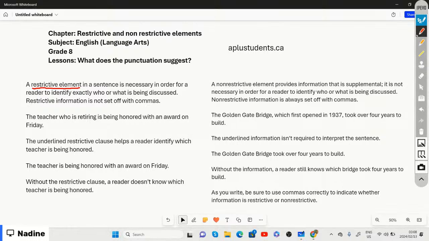So a restrictive element is important, basically, in order for us to exactly know or to identify exactly who or what is being discussed. And when it comes to restrictive information, it is not set off with any commas.